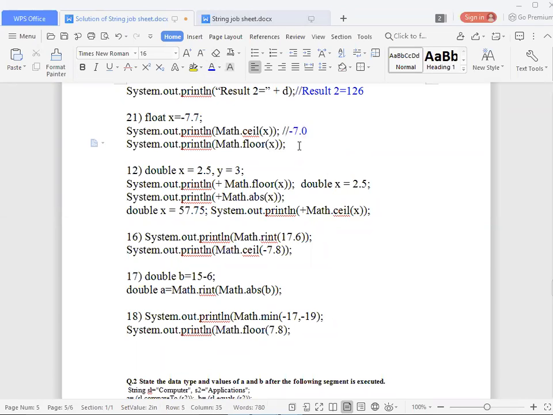Then the floor. If it would be 7.0, then floor is going to give you 7.0. But it is minus, so again it will give you minus 8.0. And remember, .0 is compulsory. Now Math.floor x. What is x? The floor of 2.5. Okay, so it will give you 2.0.